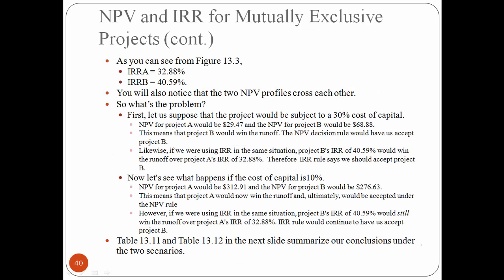First, let's suppose the project has a 30% cost of capital, so that's a pretty high cost. Then the NPV for project A would be 29.47 and the NPV for project B would be 68.88.